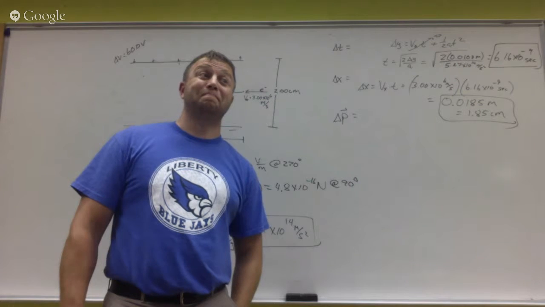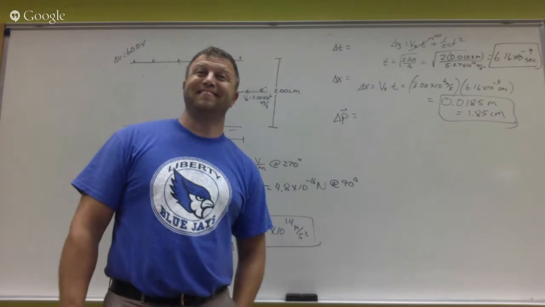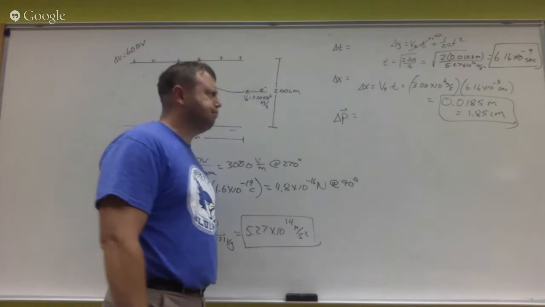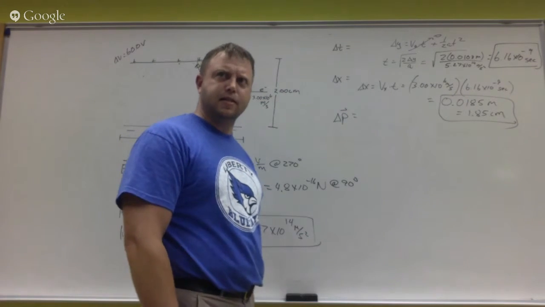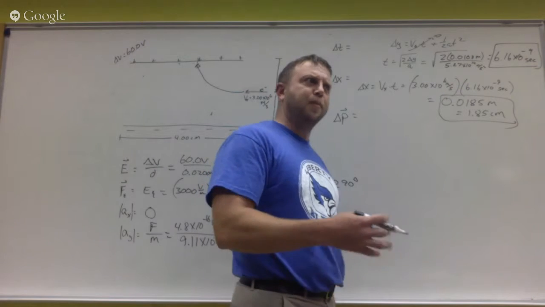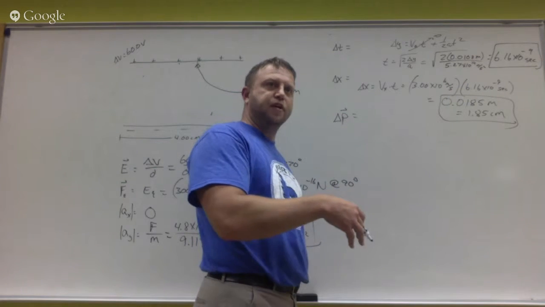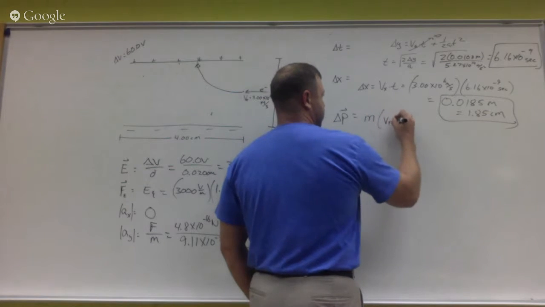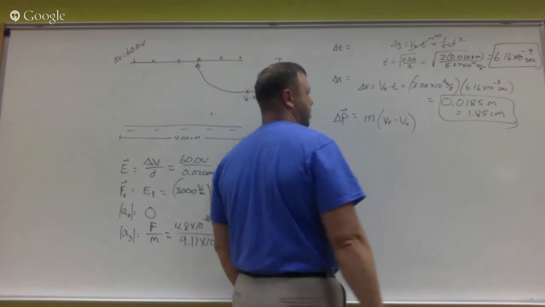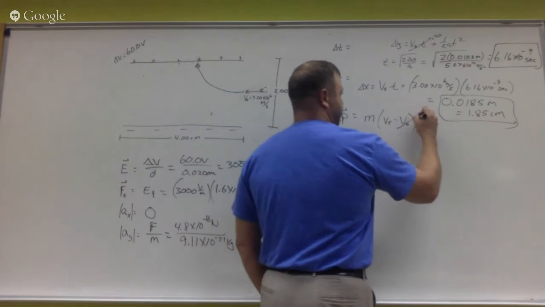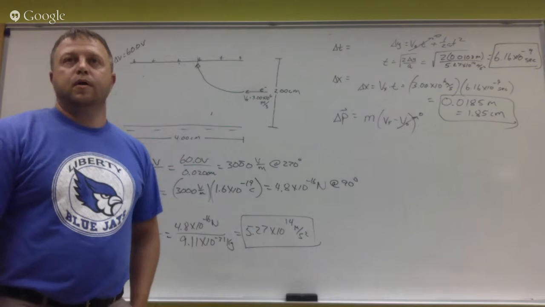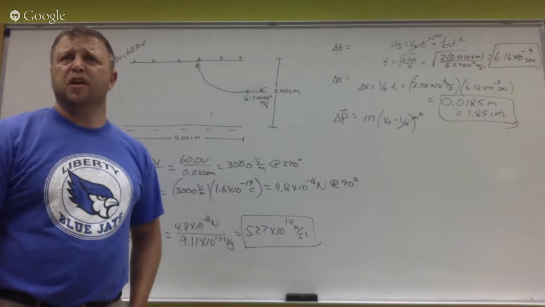Equation for momentum. Mass times velocity, right? And change in momentum is m times v final minus v initial. Okay, so let's do it that way. V initial y is 0. V final, I'm going to have to break out another kinematics equation here.